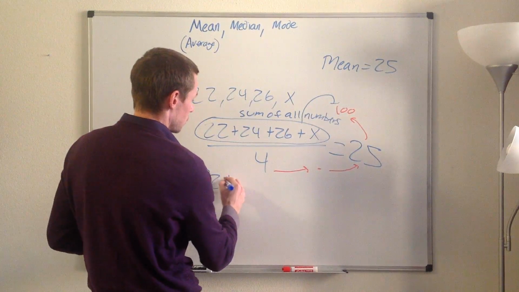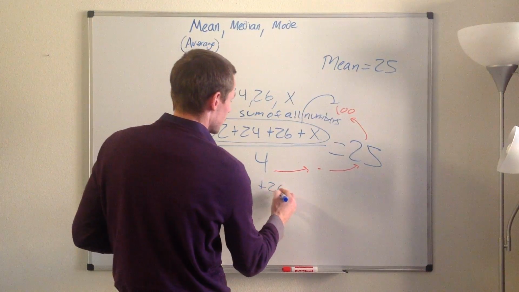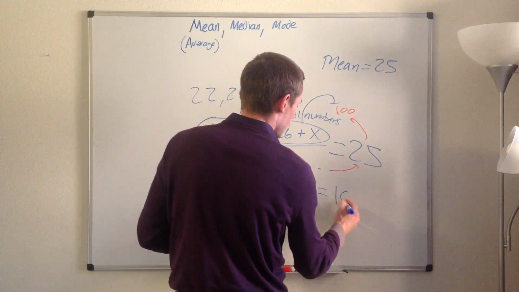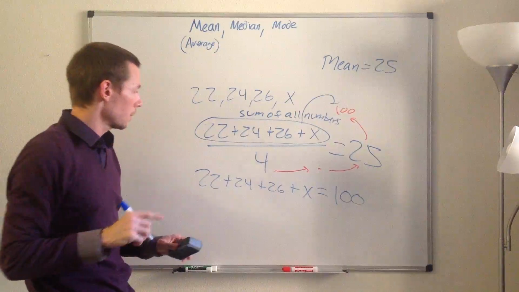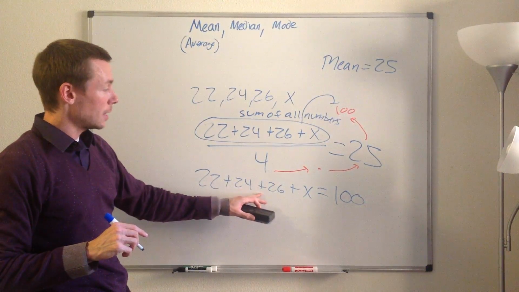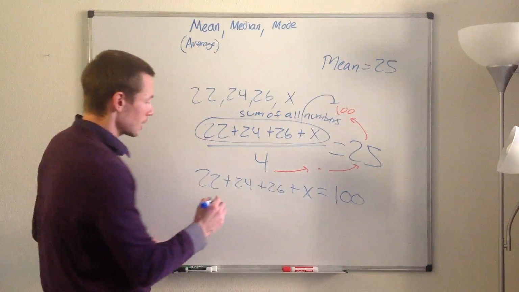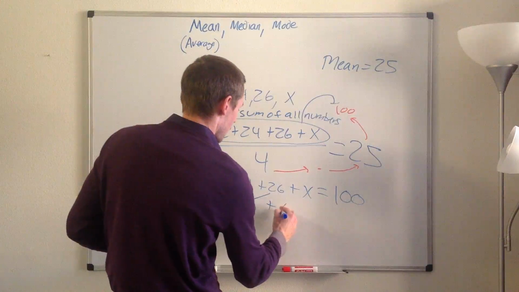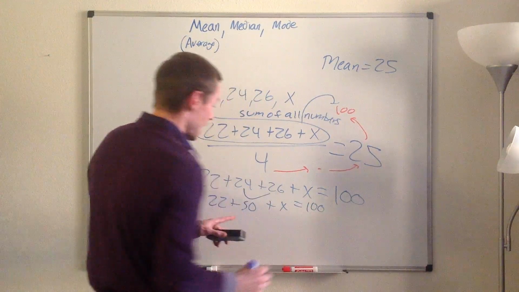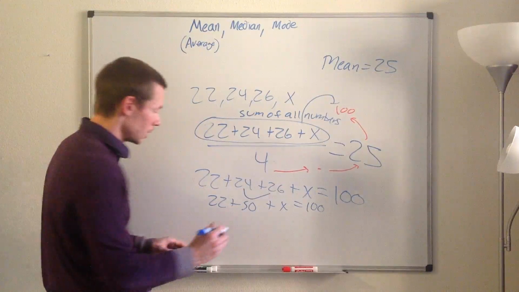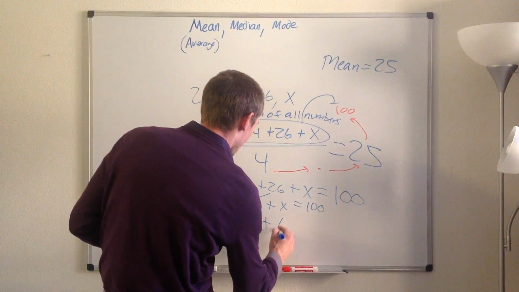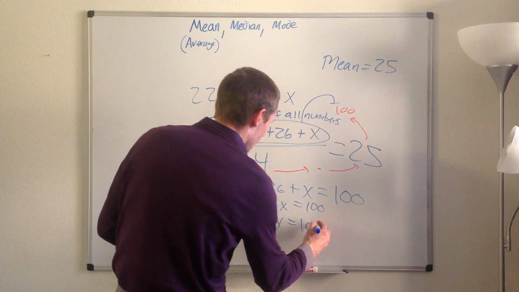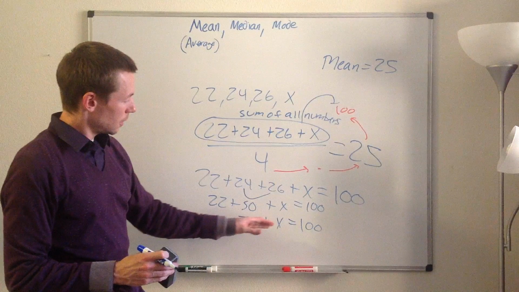So 22 plus 24 plus 26 plus our missing value equals 100. Well, what I can do is add these together. So 24 and 26 make 50, and then 50 plus 22 is 72, and then 72 plus x.